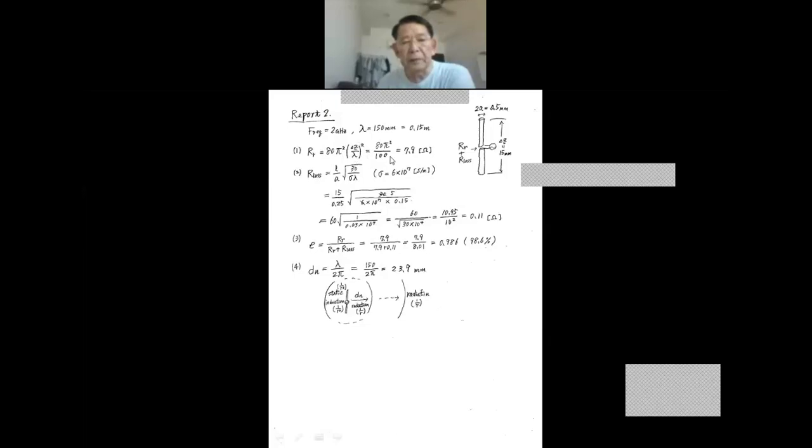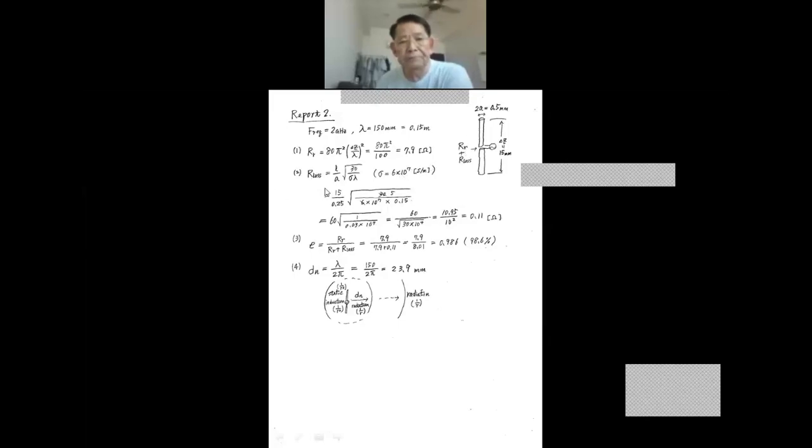So this part becomes 100 and 80 pi squared. Then the result becomes 7.9 ohm. This is the radiation resistance.